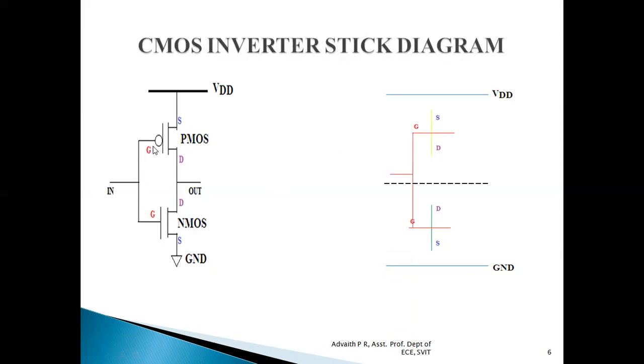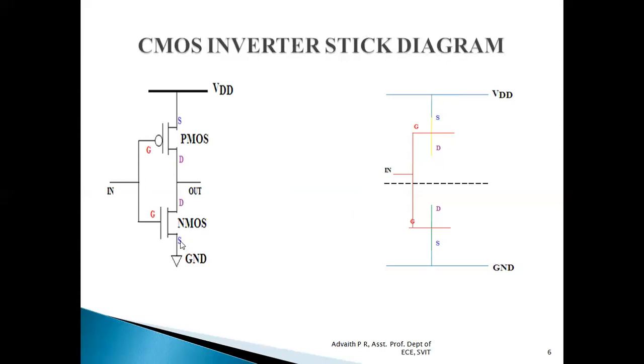Gate terminal of PMOS transistor is connected to gate terminal of NMOS transistor and it is given as input. The same thing we have done here. Next. The source terminal of PMOS transistor is connected to VDD. The same connection is given. Source terminal is connected to VDD and the connection I've given using metal. Next.